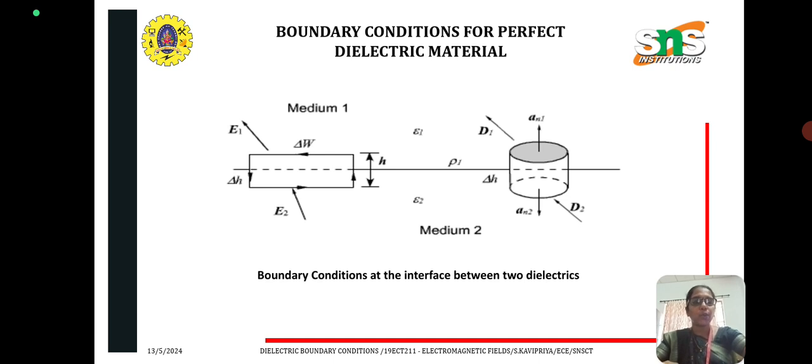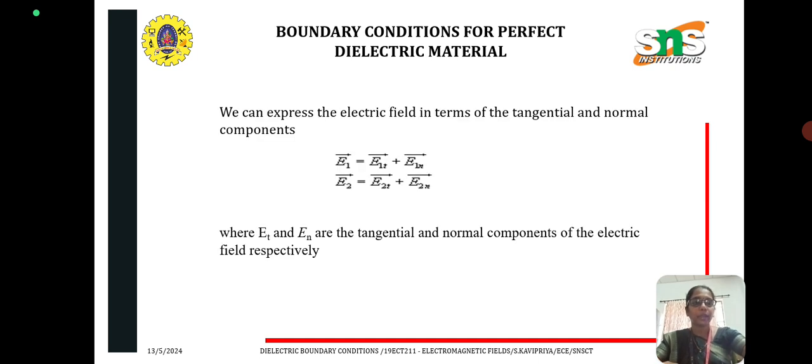We have medium 1 and medium 2, and medium 1 is a dielectric material and medium 2 is a dielectric material. We are going to find the boundary conditions in between medium 1 and medium 2. So we can express the electric field in terms of tangential and normal components. For example, E1 can be represented as E1t plus E1n.